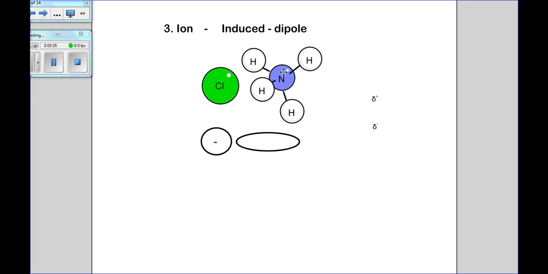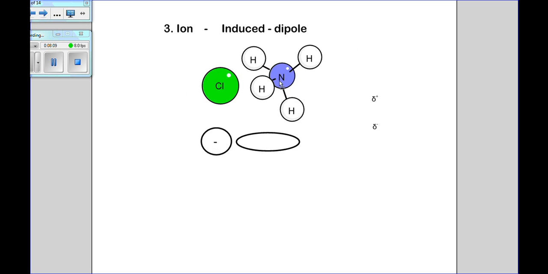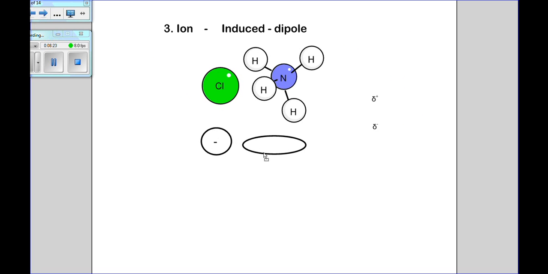Now, when we look at this CH4 molecule, it's a symmetrical molecule, and it's a non-polar molecule. There isn't a negative side to it or a positive side to it. So when a negatively charged ion comes into contact with a non-polar molecule, it doesn't readily dissolve because the electrons are evenly distributed in this non-polar molecule.